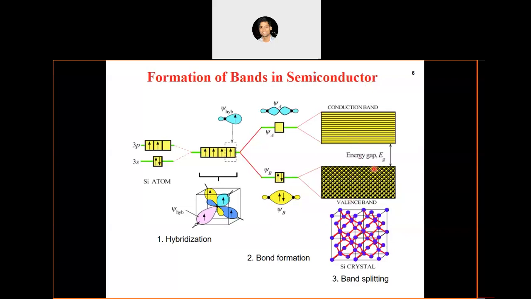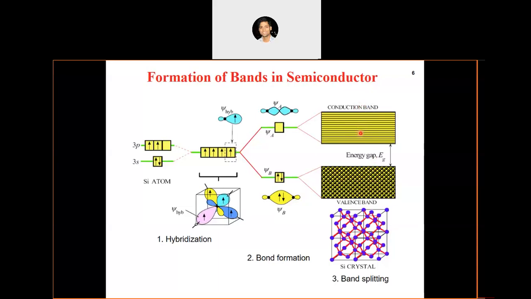So you can imagine, because all the energy states are occupied in the valence band, when you apply an electric field, the electrons will not be able to move unless they have enough energy to get excited from the valence band to the conduction band, because there all the energy states are empty.